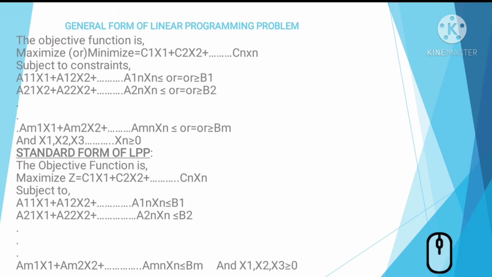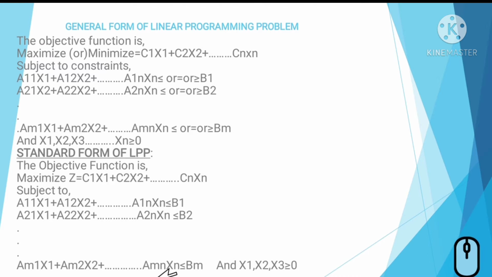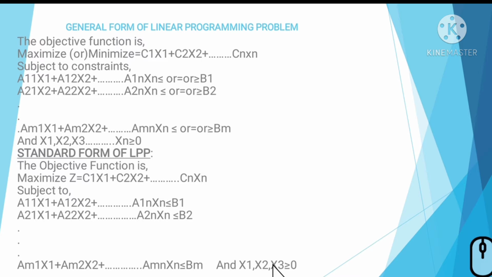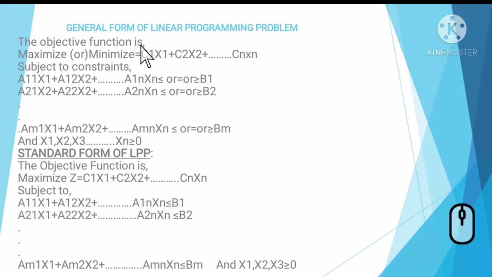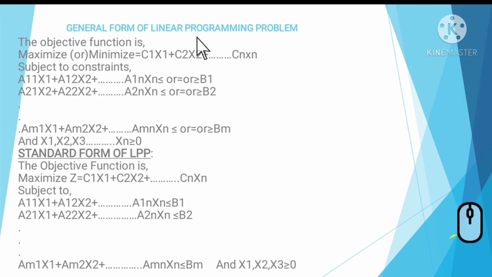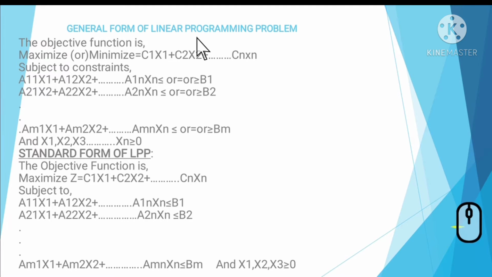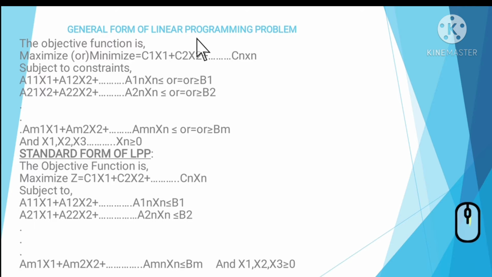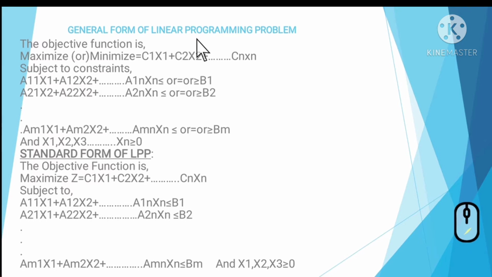This extends to am1x1 + am2x2 + etc. + amnxn less than or equal to bm, and x1, x2, x3 greater than or equal to 0. So this is the difference between the general form and the standard form of a linear programming problem. In the general form we can express constraints in less than or equal to or greater than or equal to form, but in the standard form of LPP we can express only in less than or equal to form.